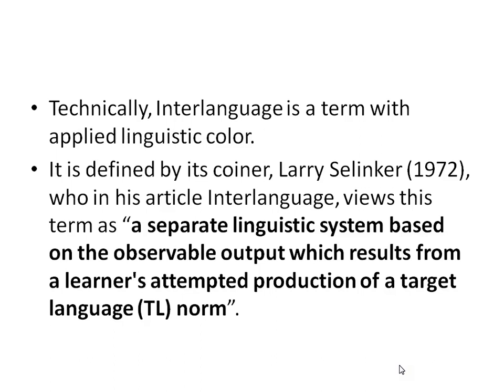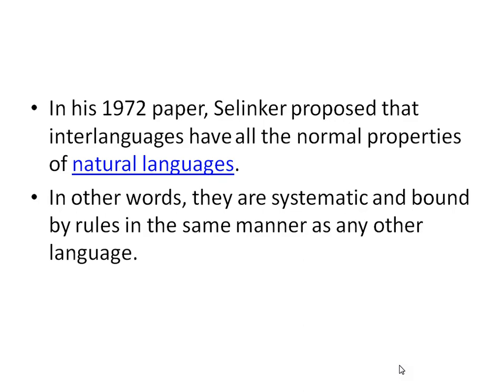He or she attempted something to achieve the goal, but can't do that. However, he or she learned something that is quite different from L2, quite different from L1. That is called interlanguage. Okay.